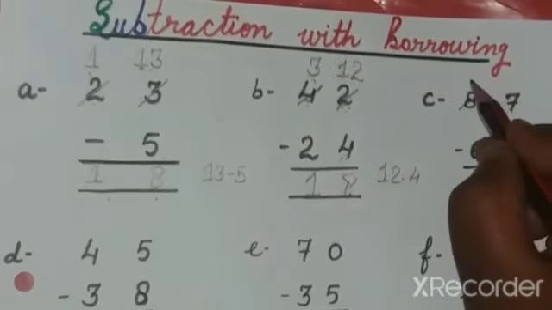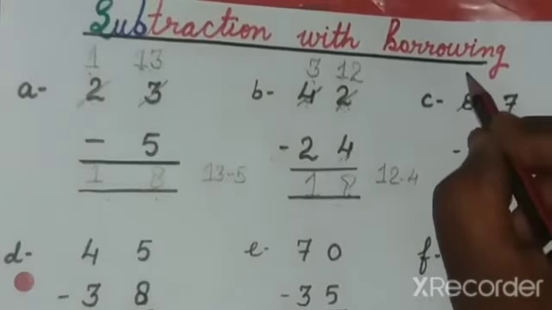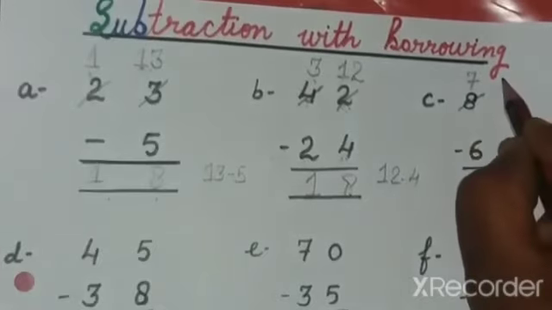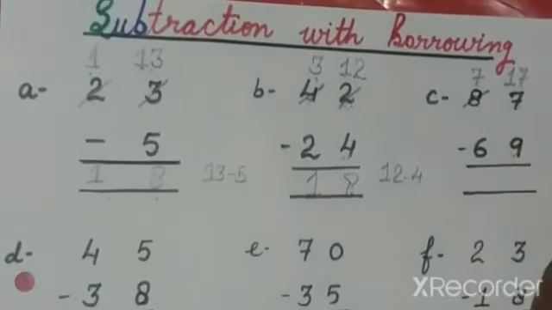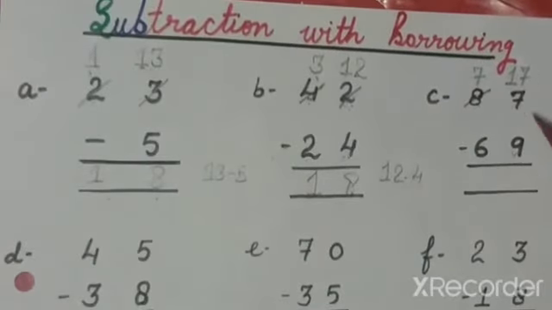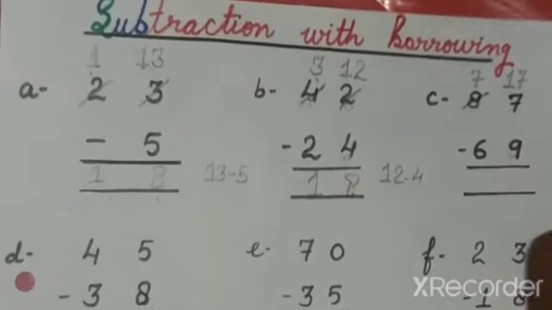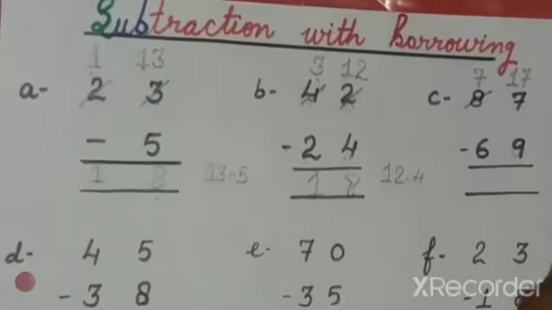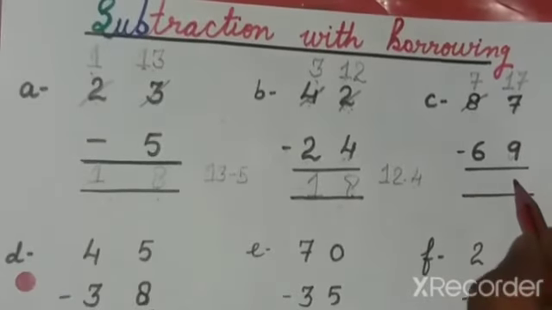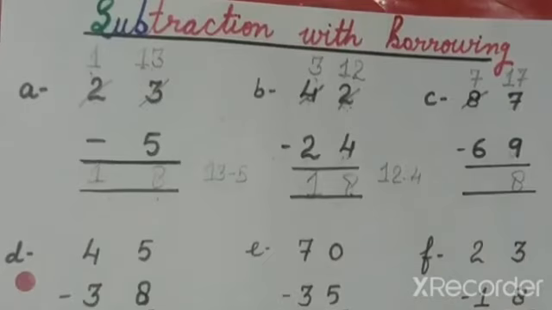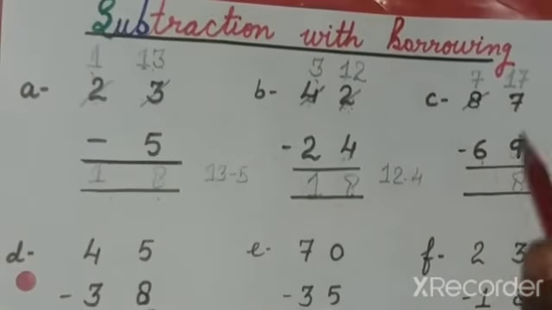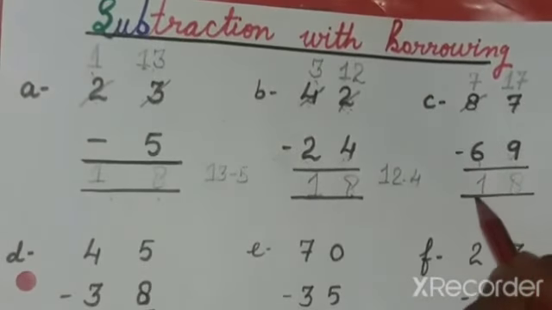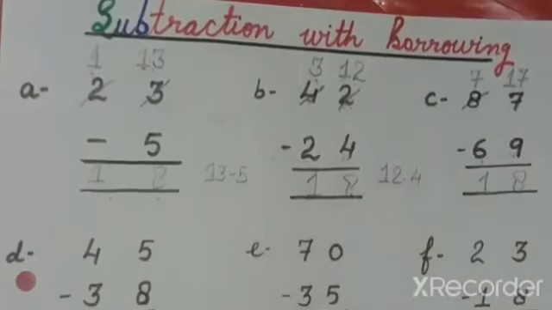Cross it out, and 8 minus 1 makes 7, and give 1 to this and put 7 after 1. Now do your calculation. 17 minus 9 is equal to 8, and 7 minus 6 is equal to 1. We are getting the same answers, right?